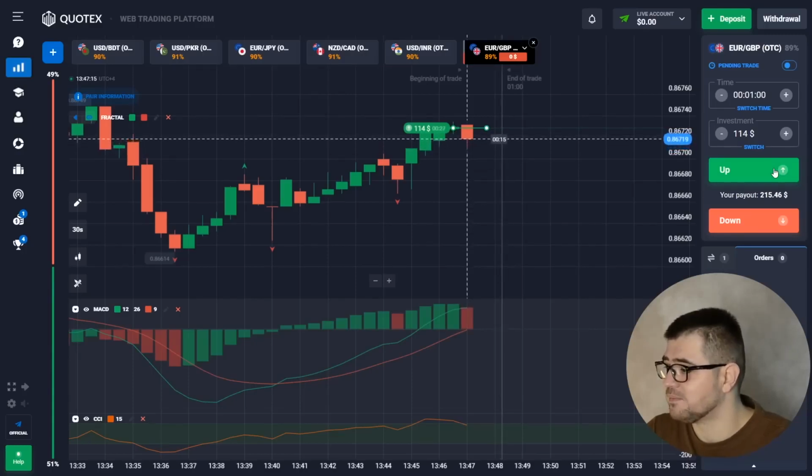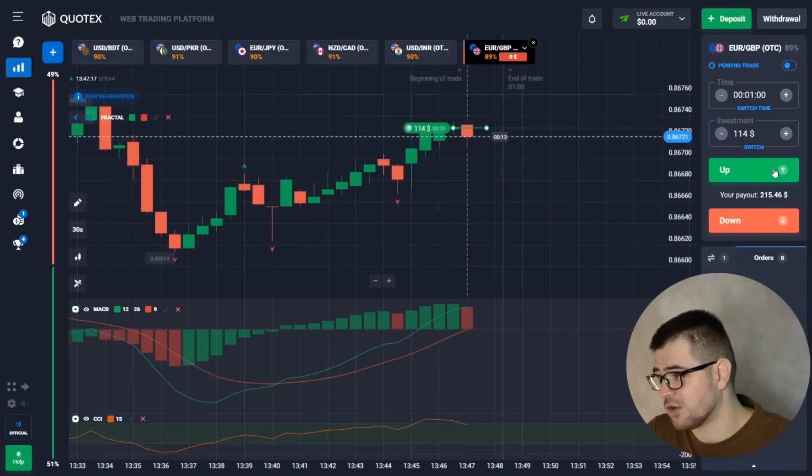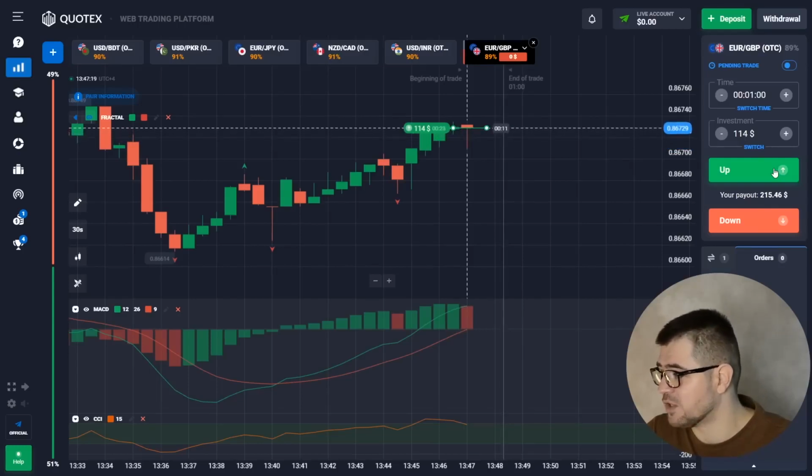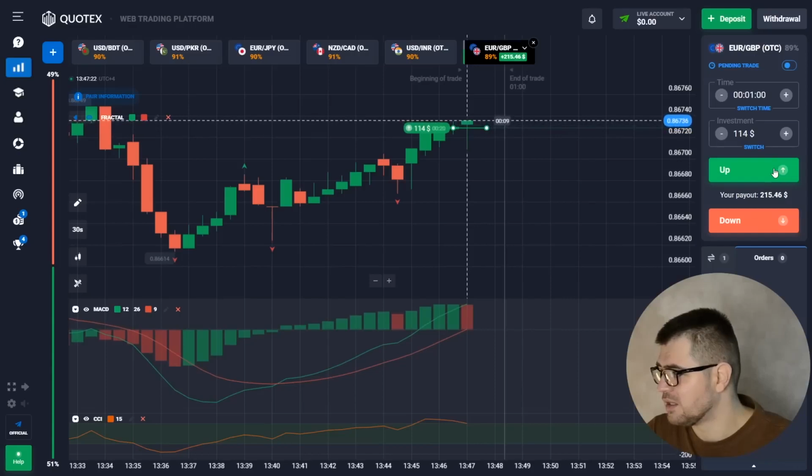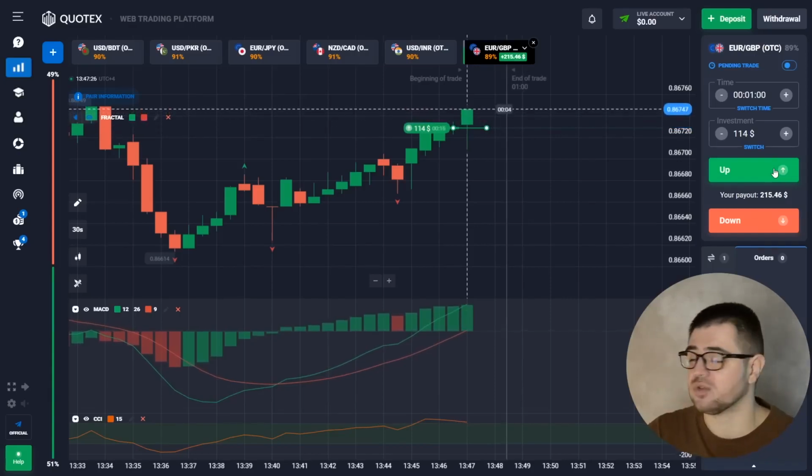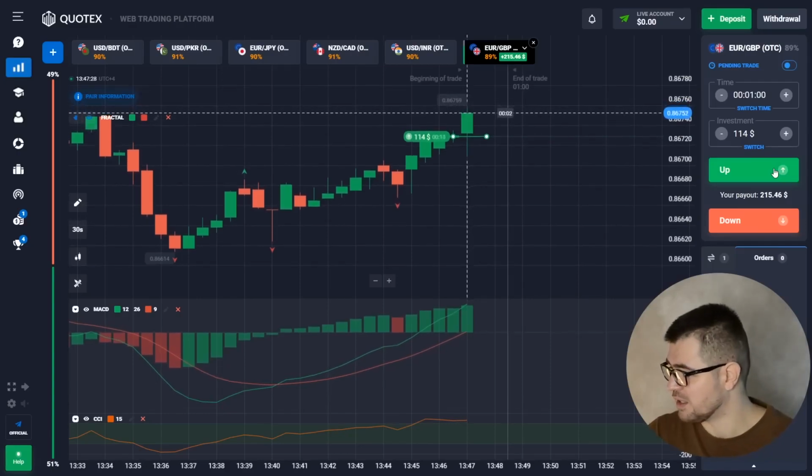See, the fractal here is actually correct, because if you go step back, or at least it was. So let's wait for the result of this one, and then we can continue.